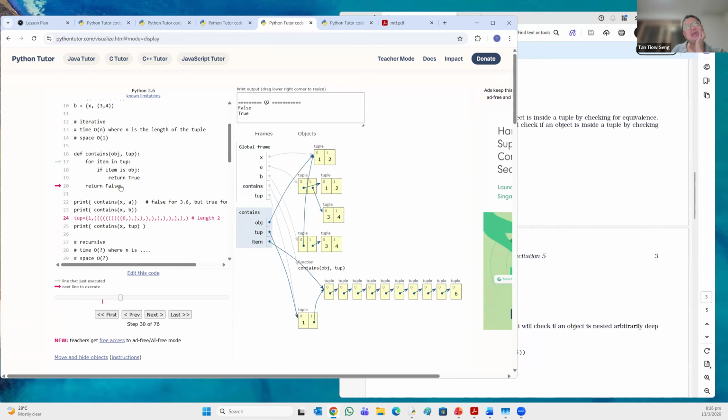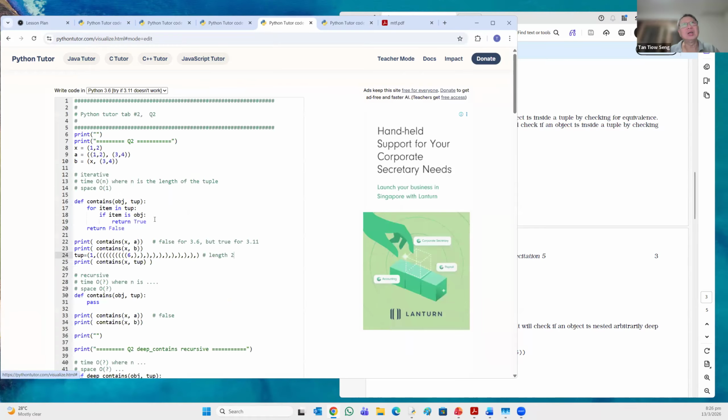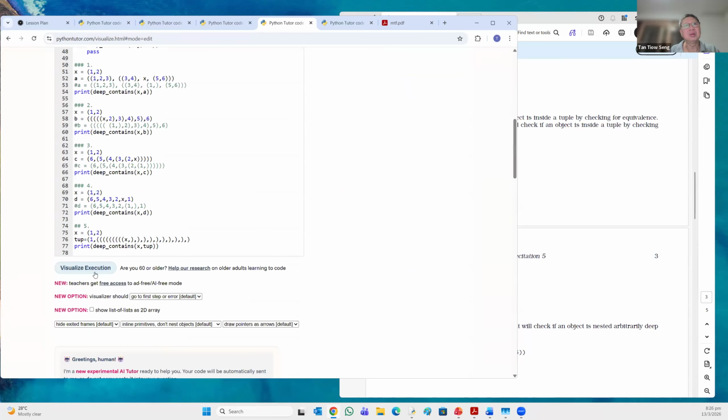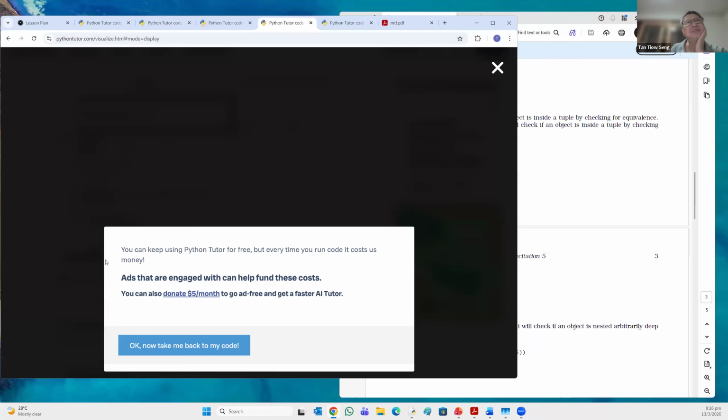This animation is telling me it doesn't create the item, it just refers to it. So the space is not... let's try 3.1. What happened to this?